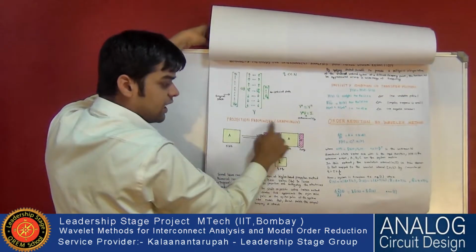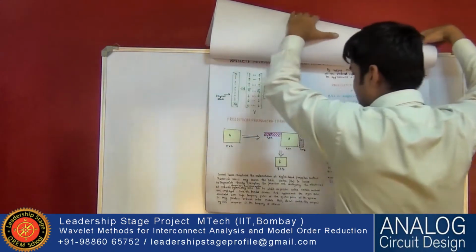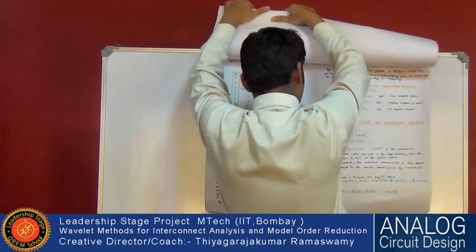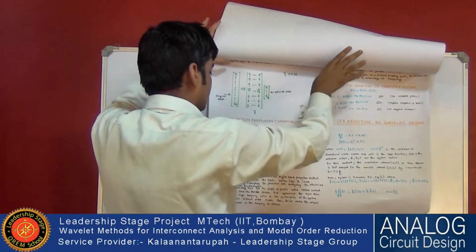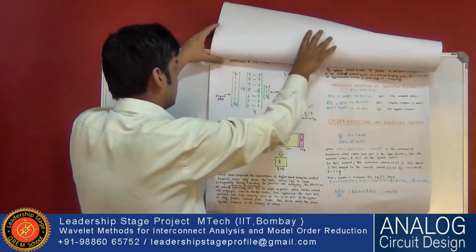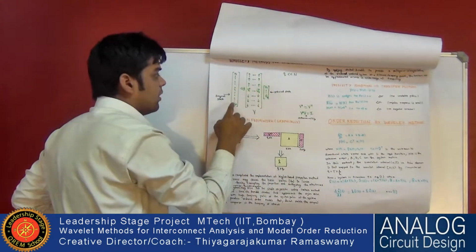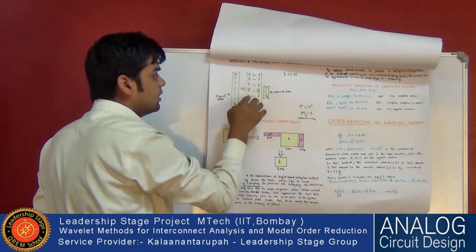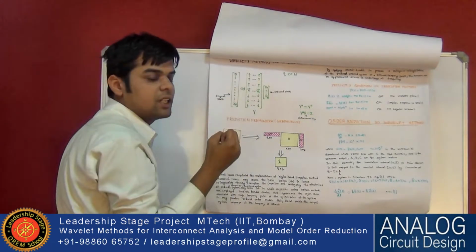I will explain how graphically. x1 to xn are the original states, which we directly obtain from the circuit.